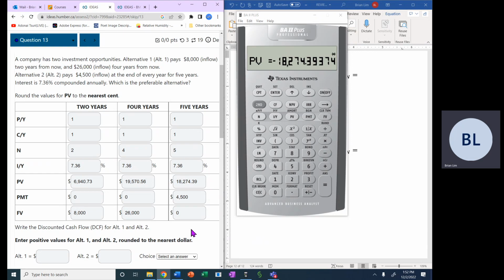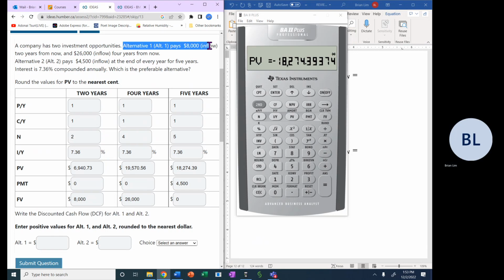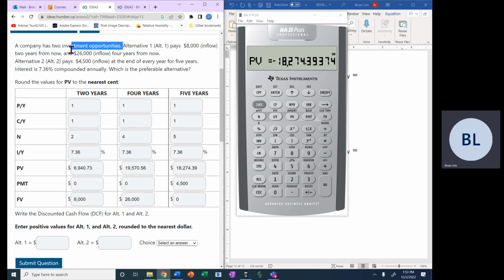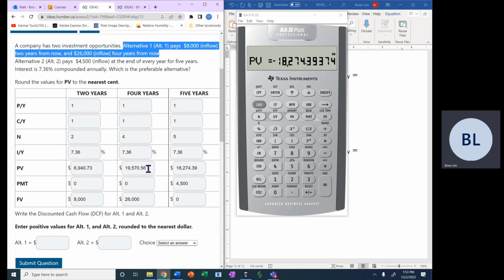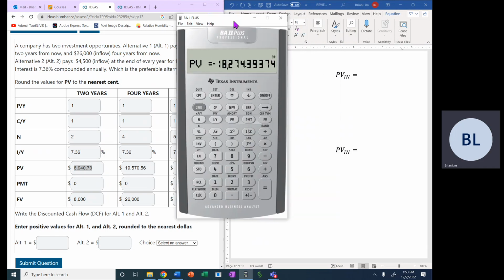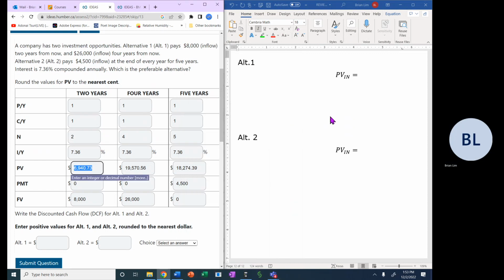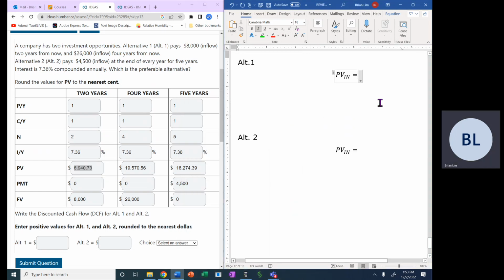So those are the computations that we need to perform. Now, this is called discounted cash flow because the flow is only one way, meaning the cash is coming in. For the first alternative, we have the 8,000 for after 2 years and 26,000 after 4 years. So we will need to add these two numbers for the alternative 1. All right, so let's make some space in here, and maybe we should just minimize the calculator.